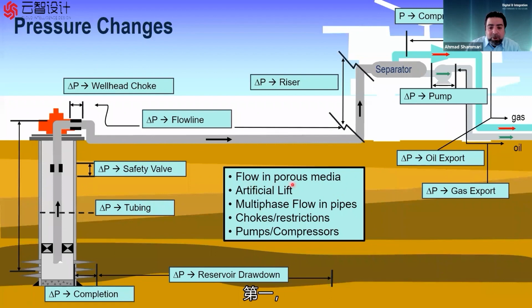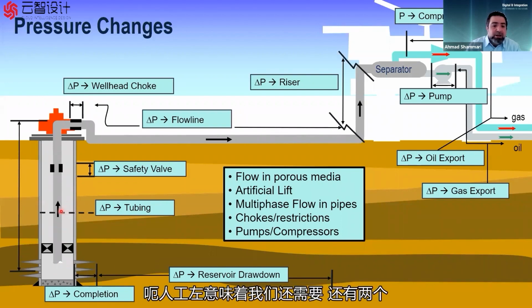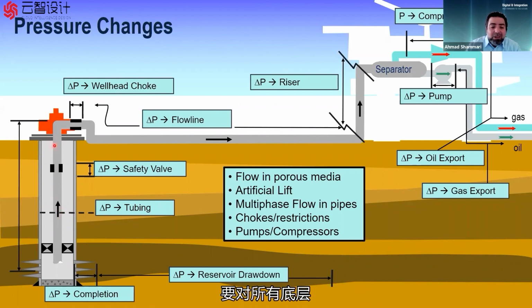All right. Number one, the flow in the porous media: how are we going to model the inflow from the reservoir to the completion? How can we model the artificial lift, whether it's an electric submersible pump or gas lift or any other artificial lift means? We also need to model all the flow regimes.